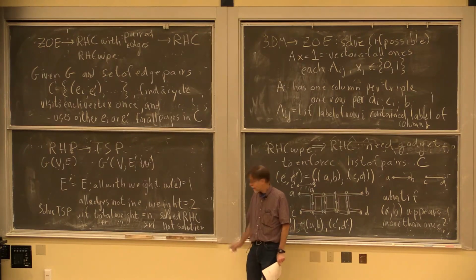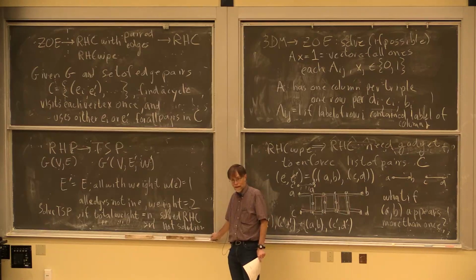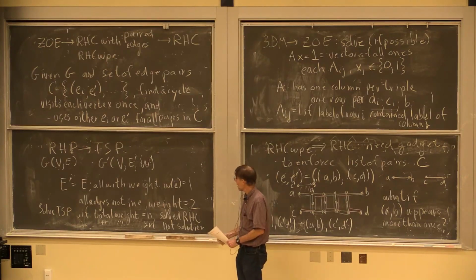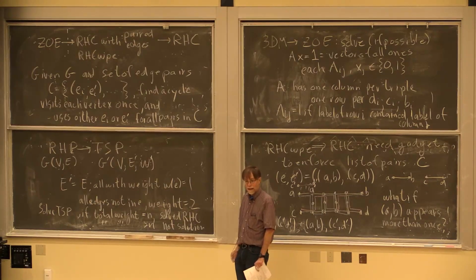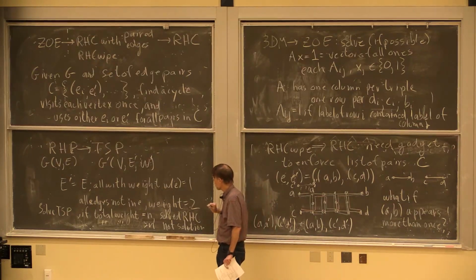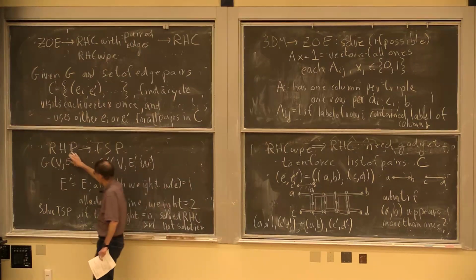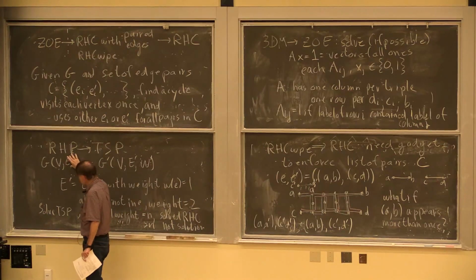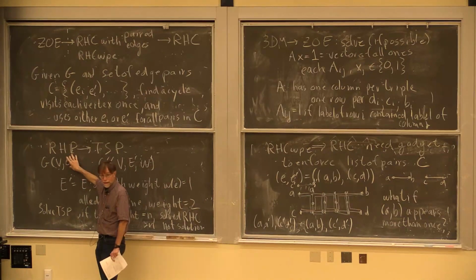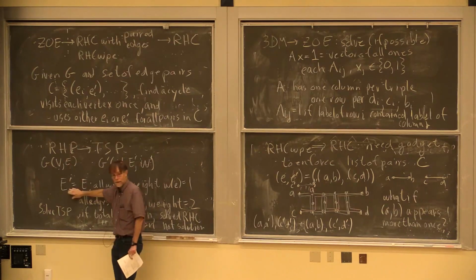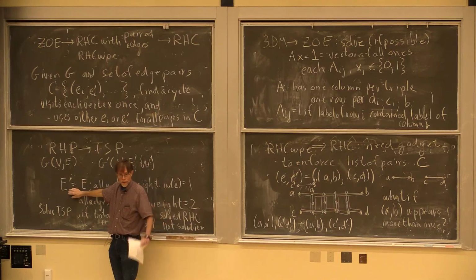Yes, go ahead. Why did we even need E prime in the first place if we already set the weights to 1? Isn't E already like... No, well, this is an interesting problem because we don't have all the edges, right? And so this is a subset of all possible edges. E prime has n choose 2 edges in it, all pairs.